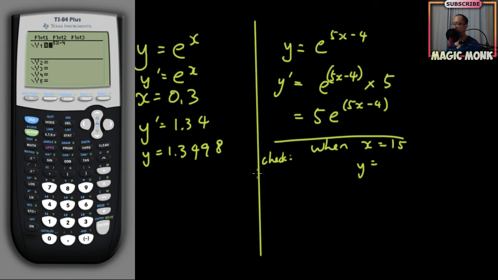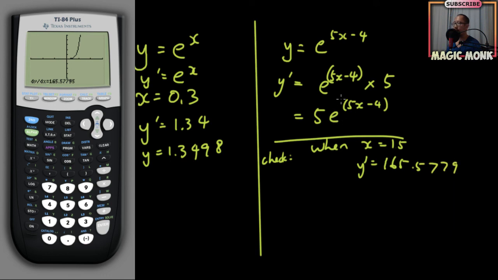So graph, then you go to second calc, number 6 for derivative, when x is equal to 1.5. The gradient is 165.57. What a huge number.